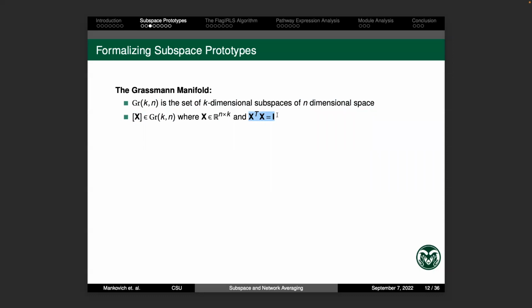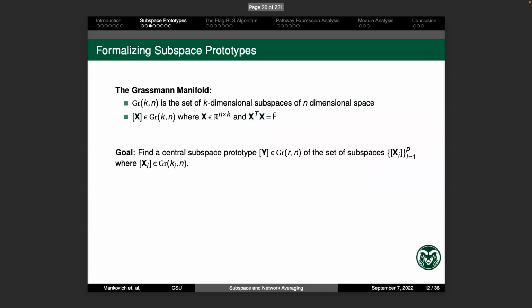This is kind of a weird linear algebraic restriction, but this is what we might call an orthogonality constraint, because the columns in X are orthogonal to each other. In fact, they're orthonormal.